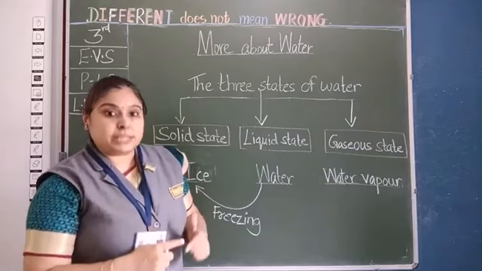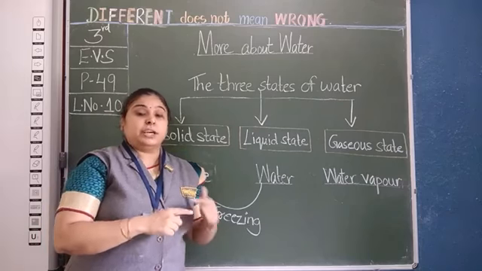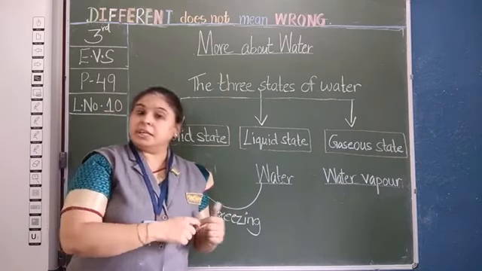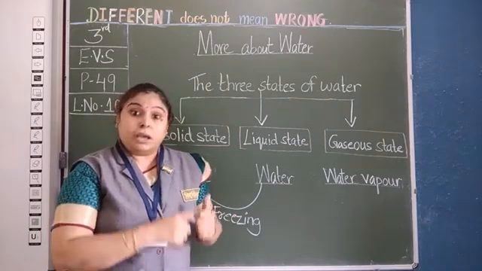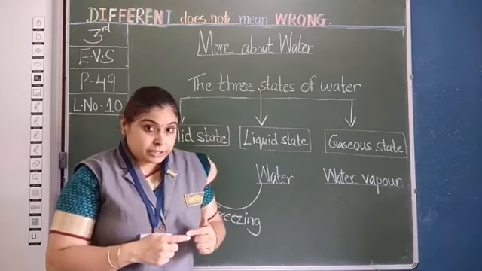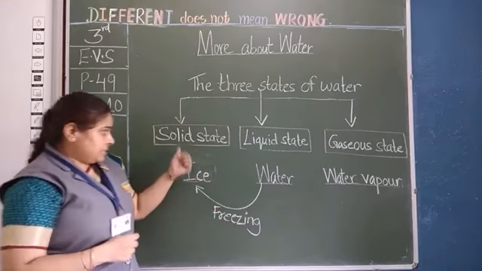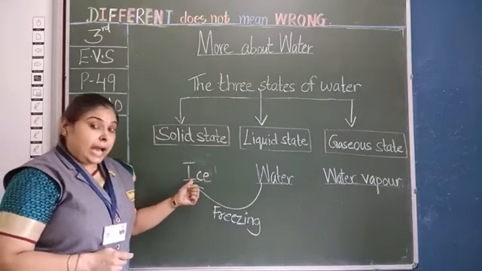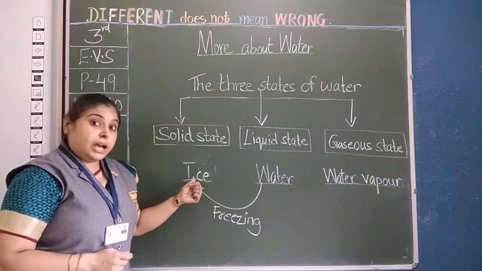In the same way, melting. The change of ice into water on heating is called melting. On heating means it will get the high temperature. In that time, the solid state of water, it means ice. We are talking about ice here.